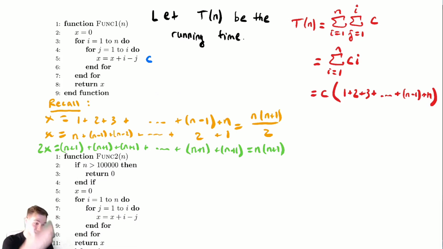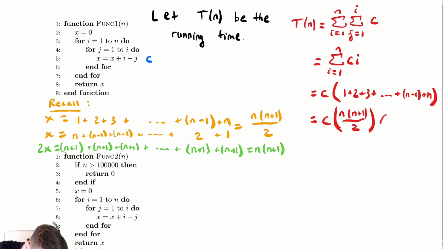So we have that exact summation appearing over here on the right. So this equals c times n times n plus 1 all over 2. Then we try and identify what is the most dominant term there. It's going to be n squared. So this is in theta of n squared.